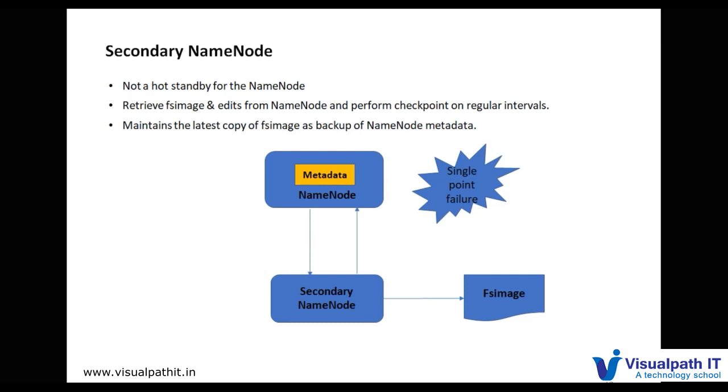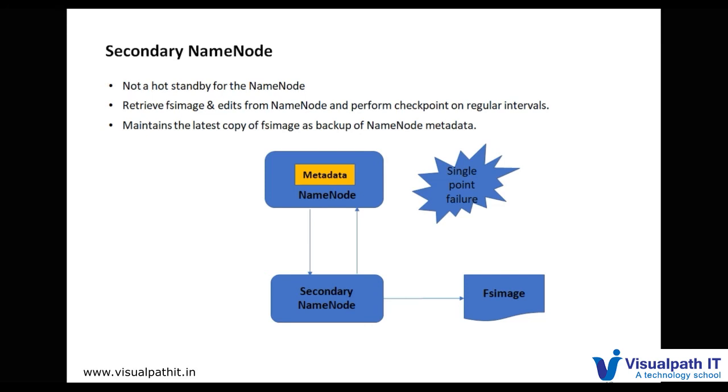Also in Hadoop 1x, if the primary name node goes down, we don't have any other master nodes, right? If the active name node goes down in Hadoop 1x, we don't have any other choice. The cluster will be down. That is the single point of failure in Hadoop 1x, right?